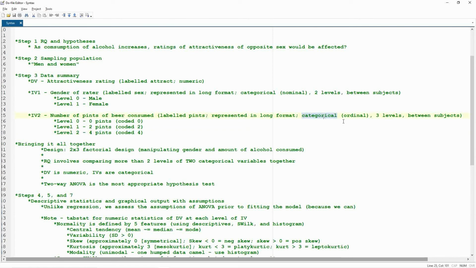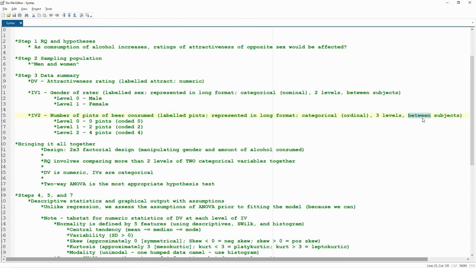This is a categorical variable. It's also ordinal, and it's ordinal because we're going 0, 2, 4. Well, it's not the coding, it's literally 0 pints, 2 pints, 4 pints. So it has 3 levels, 0, 2, and 4, and it's between subjects because people were allocated to one of these amounts of alcohol, not all 3.